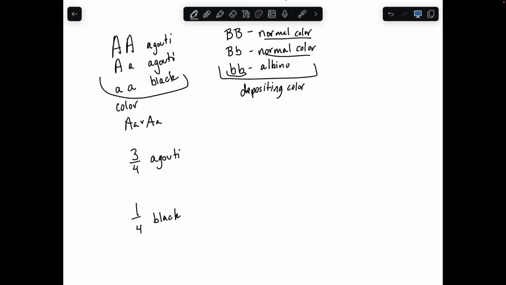But now we have these options here too. So in this case, all right, with looking at crossing for gene B, we get 3/4 normal color, 1/4 a lack of color or albino. And the same thing over here.